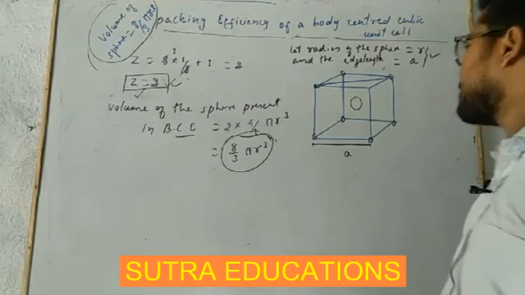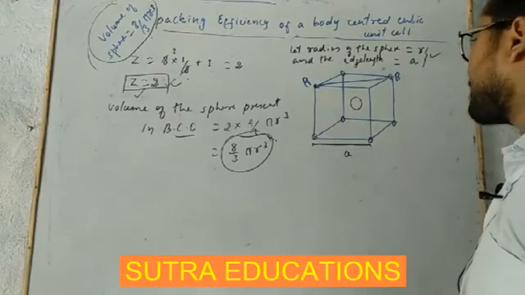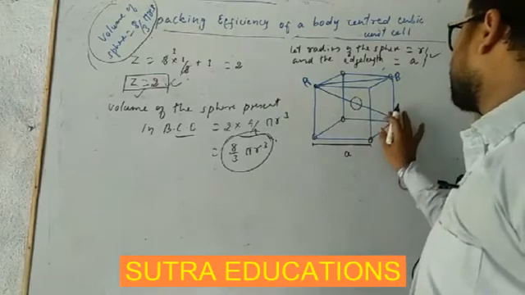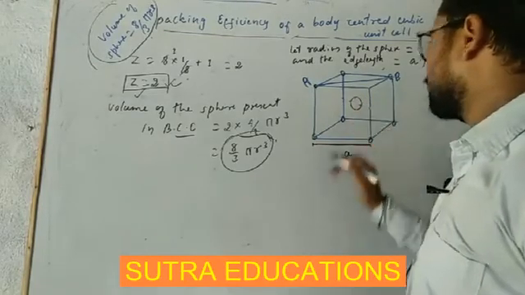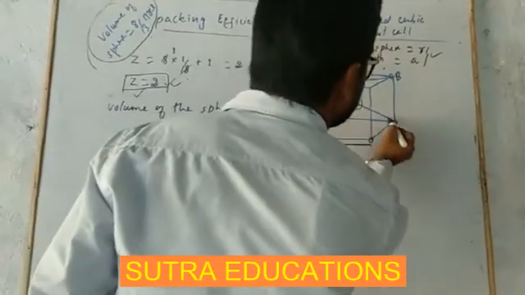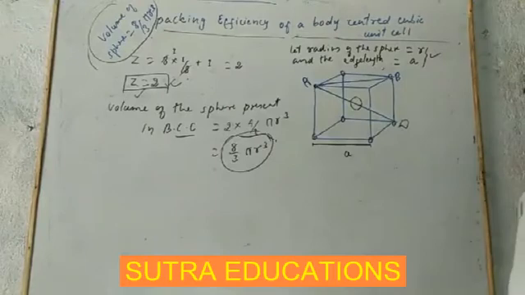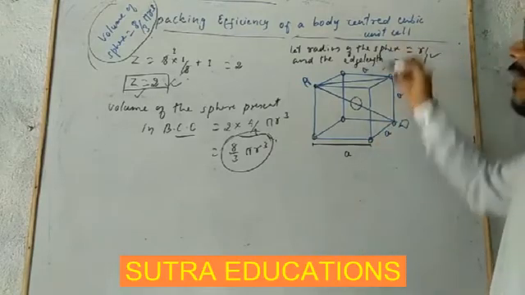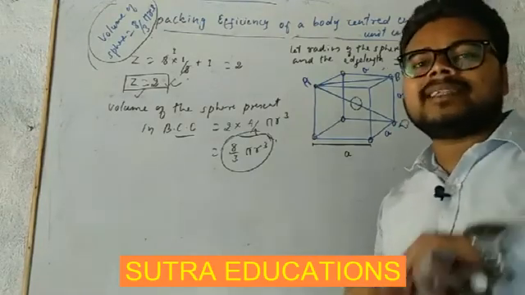Okay, so let this be A, B, and connect the body diagonal D. Okay, so this is a, this is a, all these are a because the edge length we have supposed is a, and because it is a cube, the edge length will be the same.